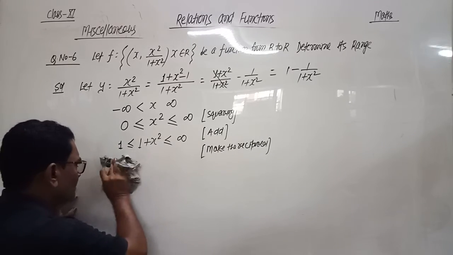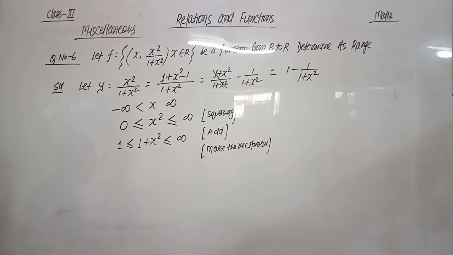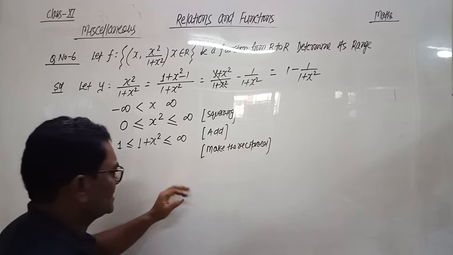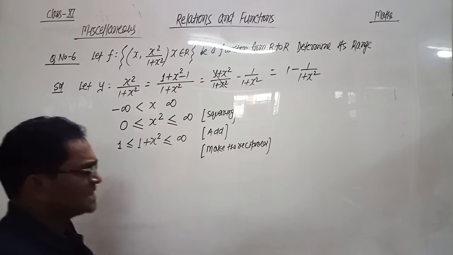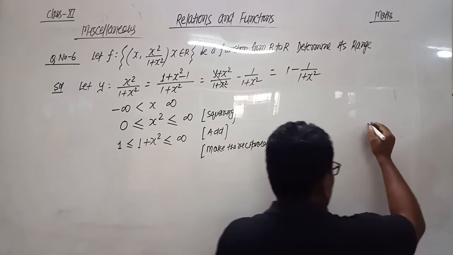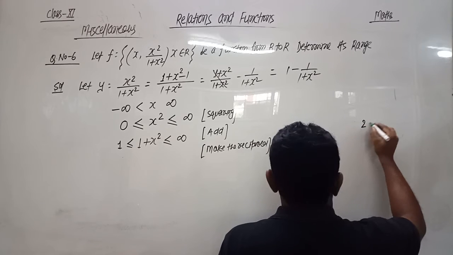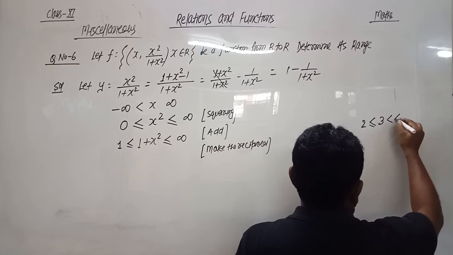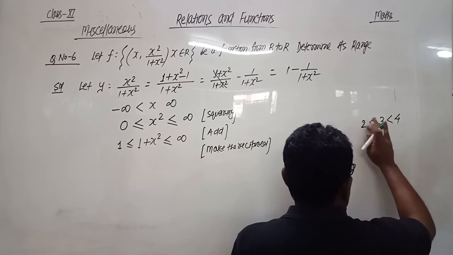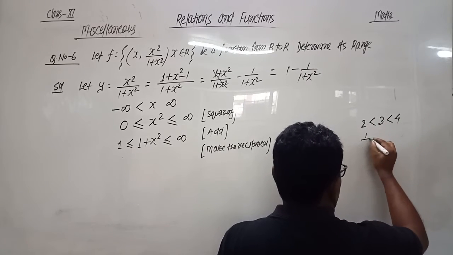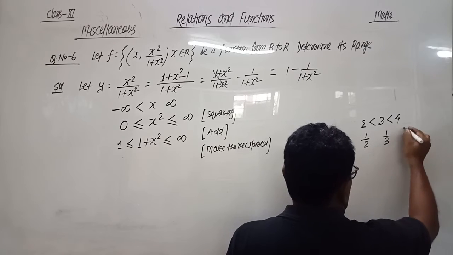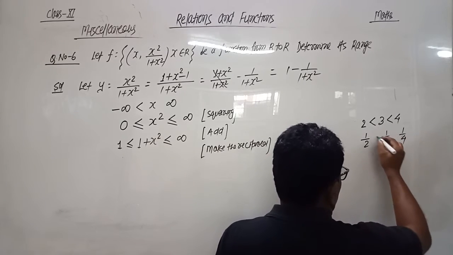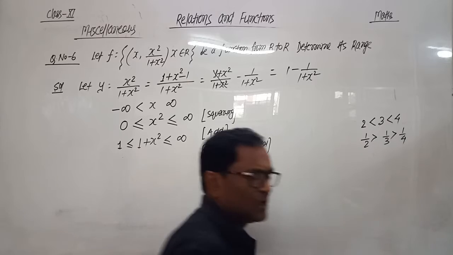This is the property of inequality: when we take the reciprocal, the inequality sign gets changed. For example, suppose 2 is less than 3, which is less than 4. When we take the reciprocal of the whole terms, the sign of inequality gets changed.